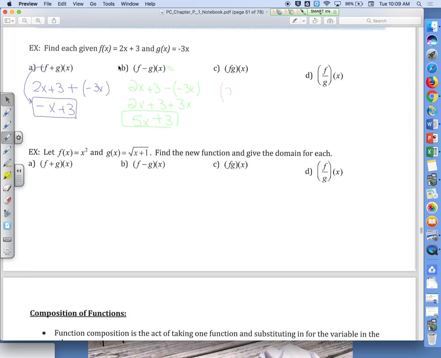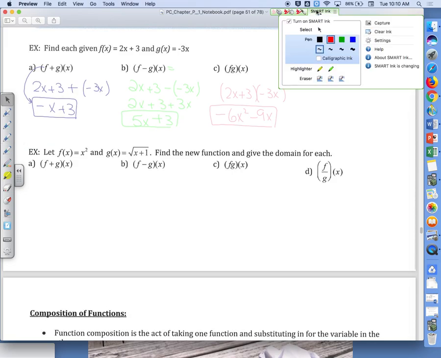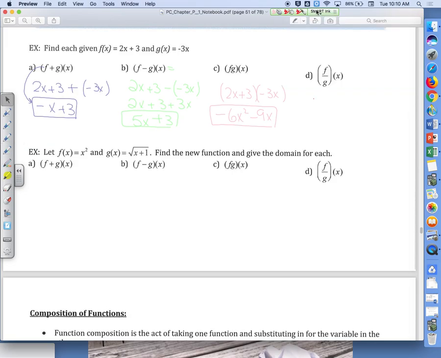You're multiplying these two functions together. Times g, distribute through your parentheses, negative 6x squared minus 9x. Right, and then finally division. So I would have 2x plus 3 divided by negative 3x.